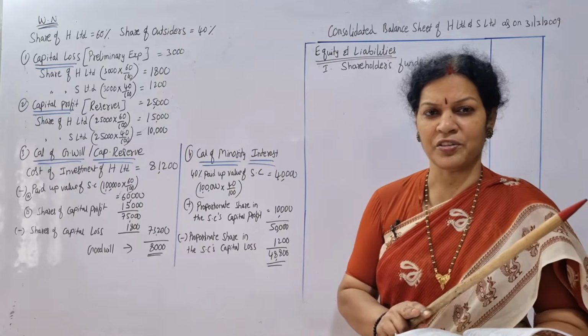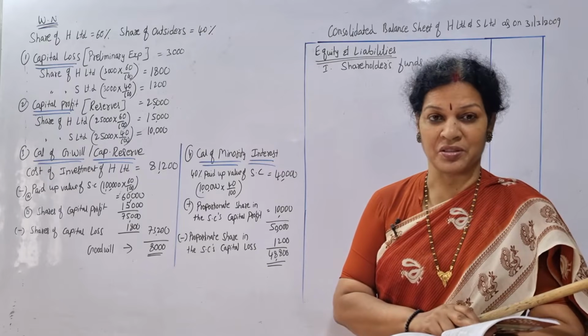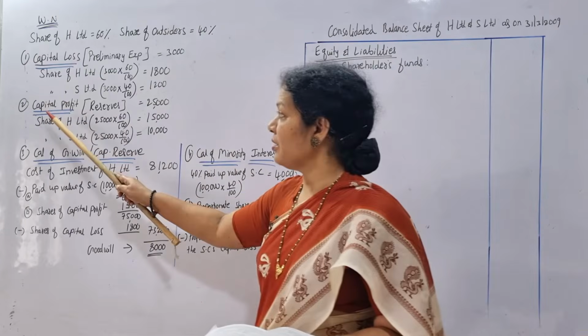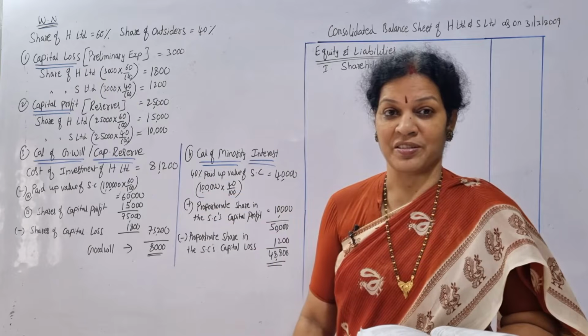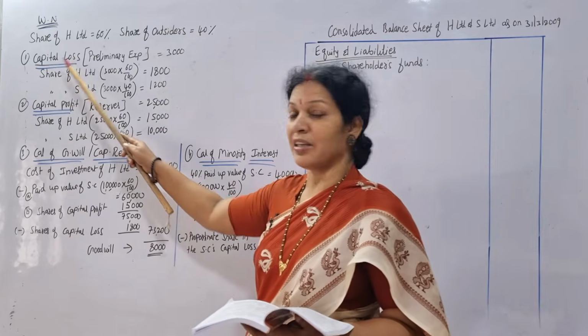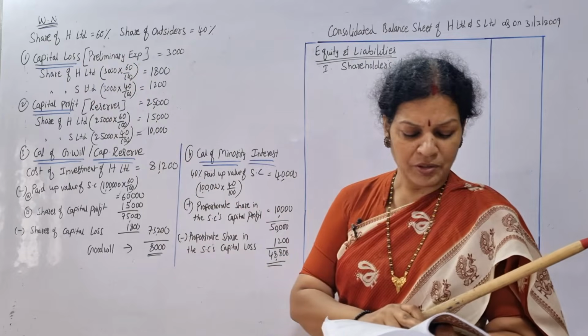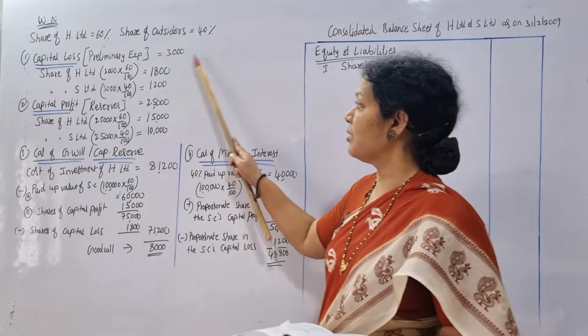Let us calculate first capital profit and capital loss. Capital profit means reserves of the subsidiary company. Capital loss means preliminary expenses. First we'll see capital loss. Total capital loss, that is preliminary expenses, is how much? 3,000.